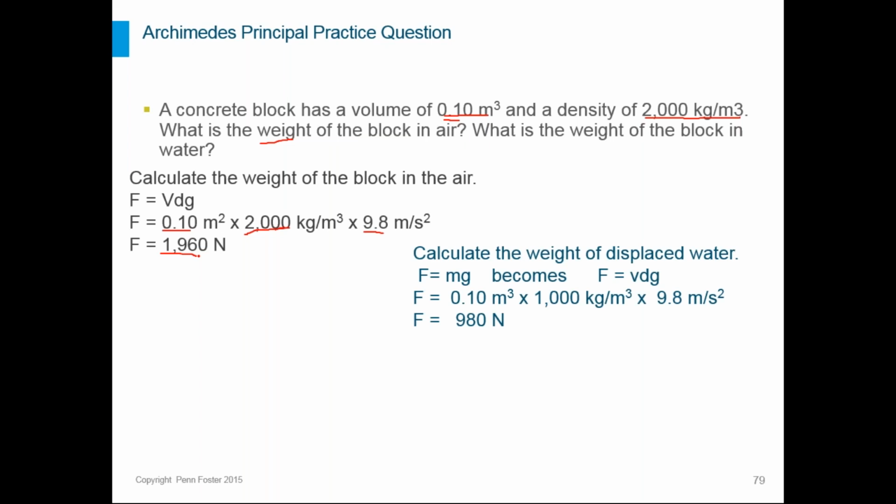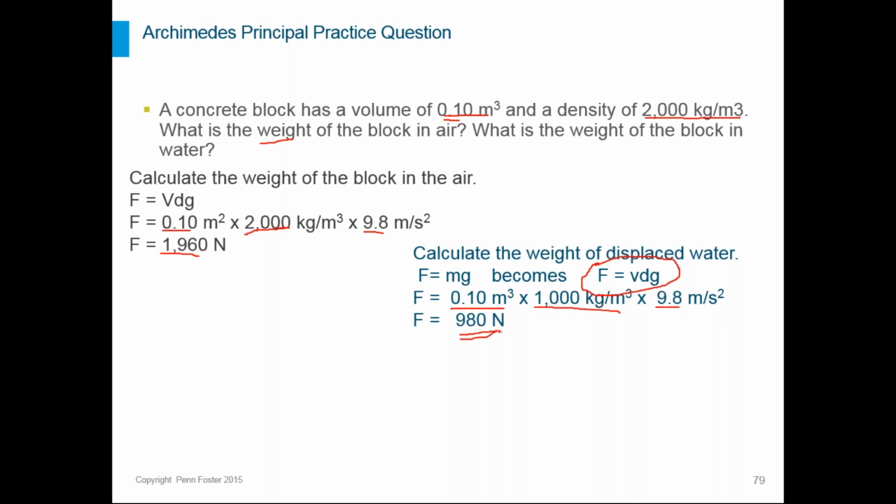To calculate the weight of the displaced water, we're using this formula: force is volume times density times gravity. The volume is going to be the same. The block is 0.10 meter cubed, so if it's submerged in water, it's pushing 0.10 meter cubed out of the way. Our density of water is always the same, 1,000 kilograms per meter cubed, and gravity is always 9.8, so we multiply those and get 980.